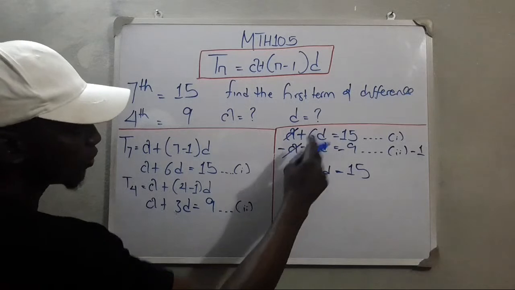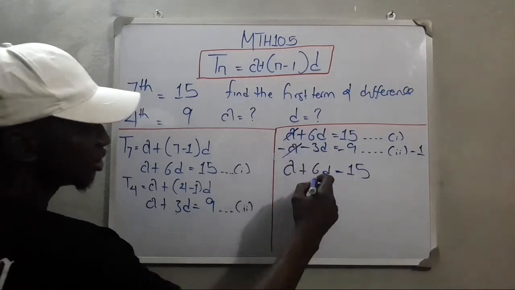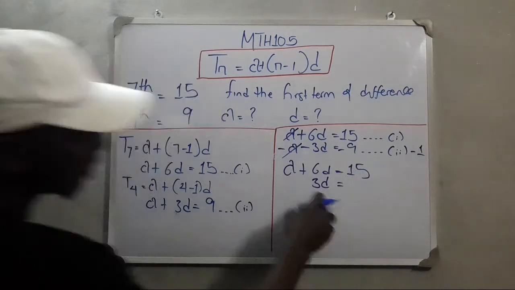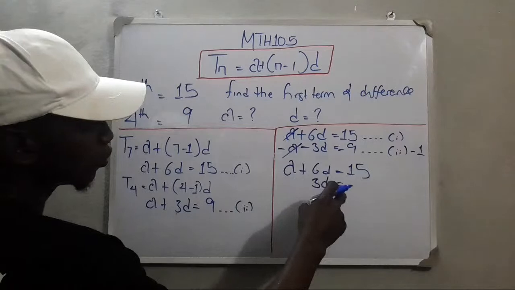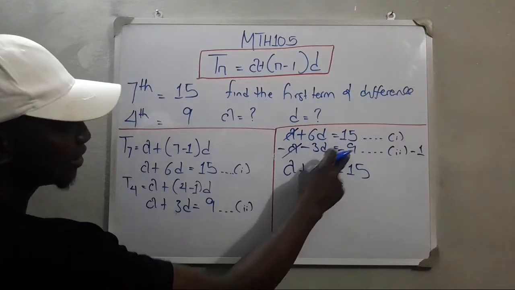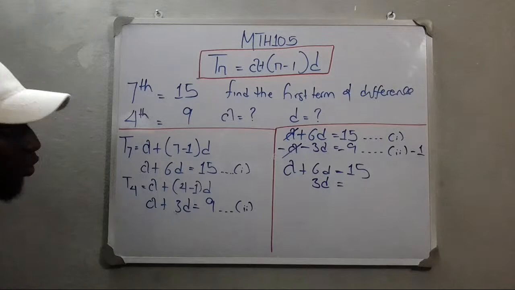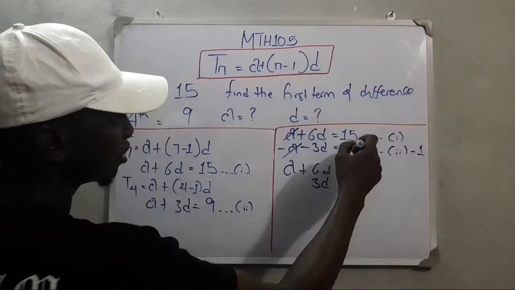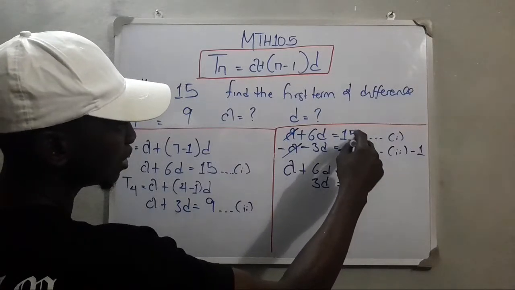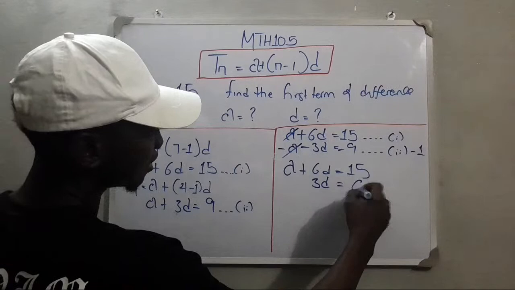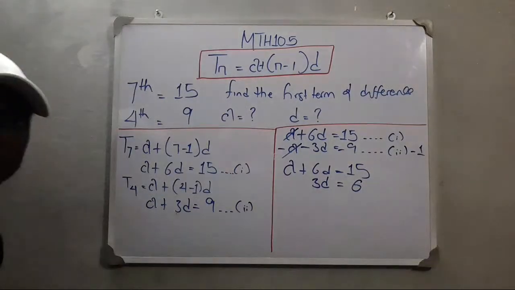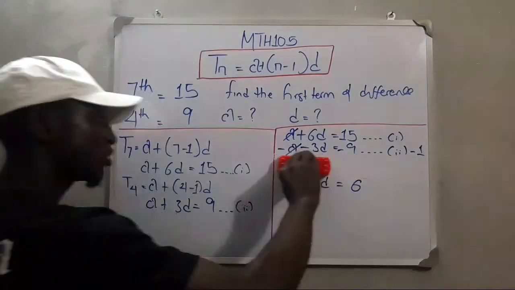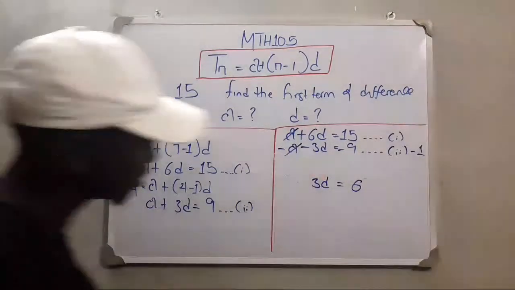When we remove 3D from 6D, we are left with 3D. Now when we remove minus 9 from this, that should give us, if I'm not mistaken, 9 from 10 should give us 1, and we have 5, and that should give us 6. So what we have left is no longer this, but this.